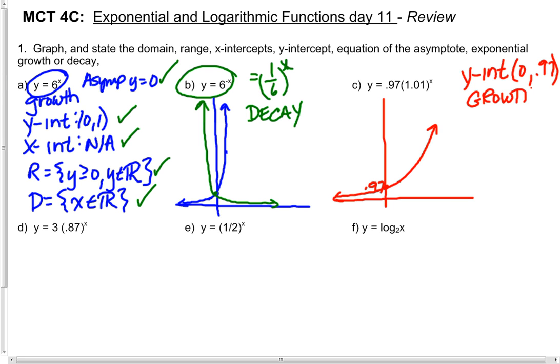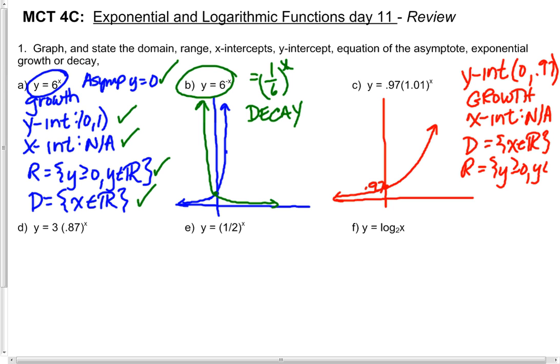There will be no x-intercepts. The domain. Well, it doesn't say that this is a word problem, so we're going to assume that it could be any real number. And the range would be greater than or equal to 0. We are asked for the asymptote. It's the same. The asymptote is that line y equals 0 because it hasn't moved up or down.